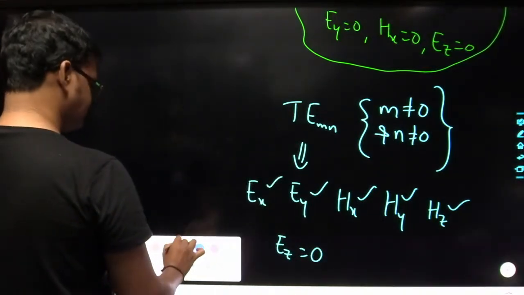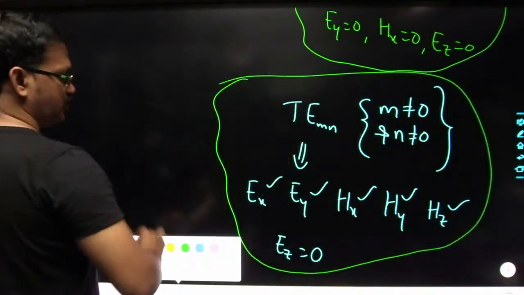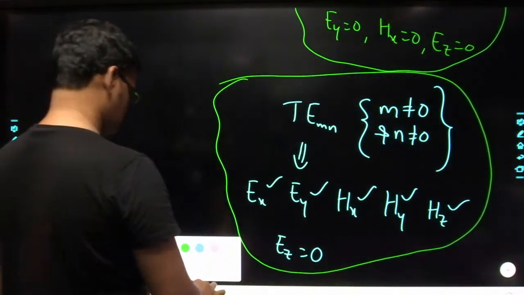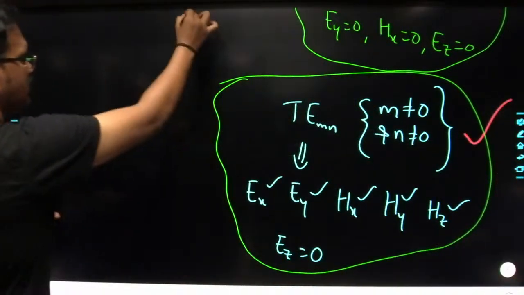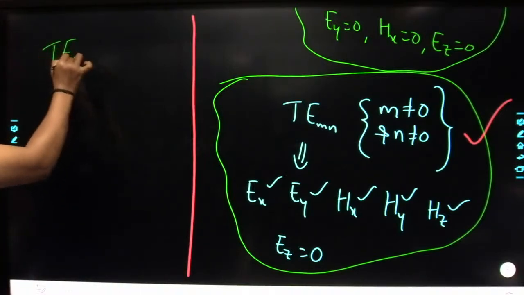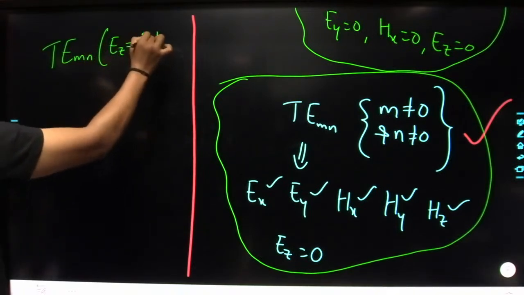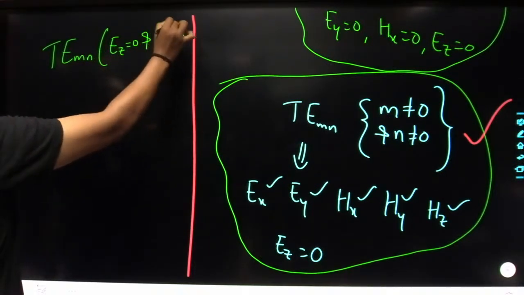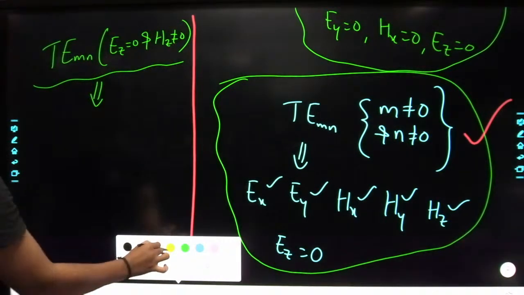Okay, so all these modes are possible here. So in case of TE mode, what is the conclusion we can take here? So TE Mn, the condition is Ez equal to 0 and Hz not equal to 0. So in this case, what are the modes that are possible?